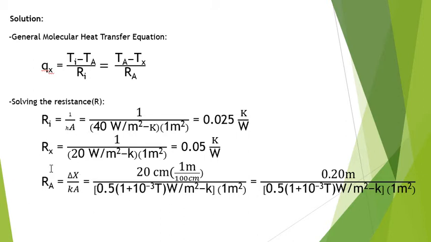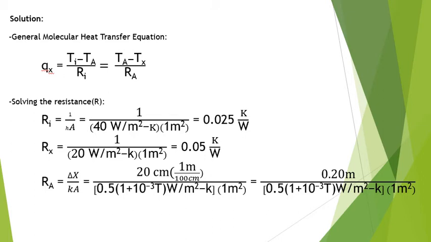Now, substituting the values for the resistance of the wall, we have 20 centimeters converted to meters, which is 0.20 meters, over the equation for the thermal conductivity multiplied by the assumed surface area of the wall.